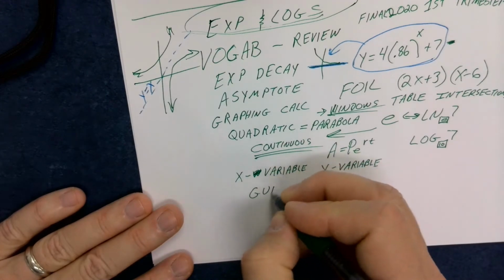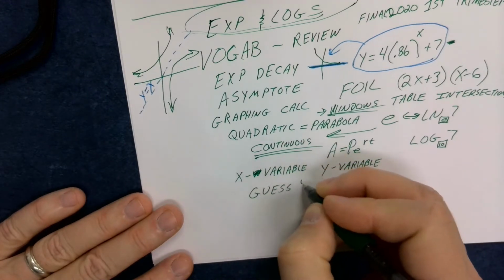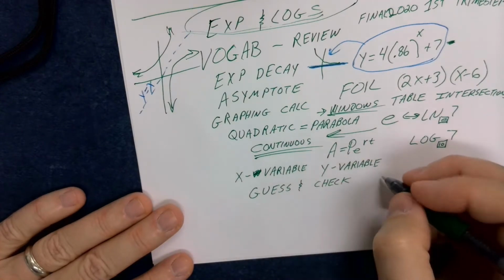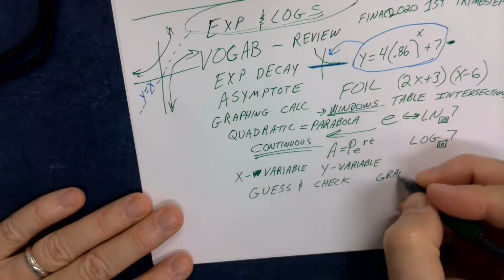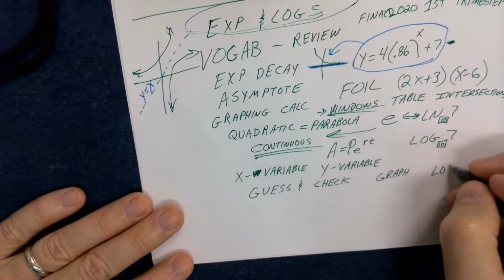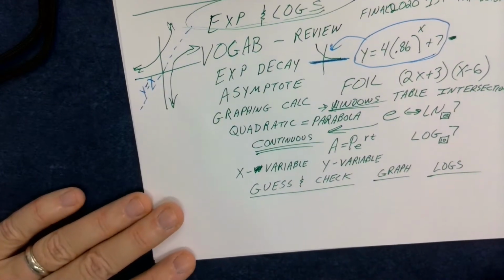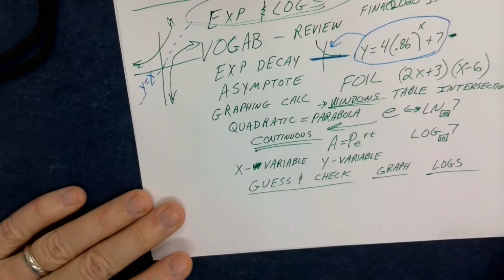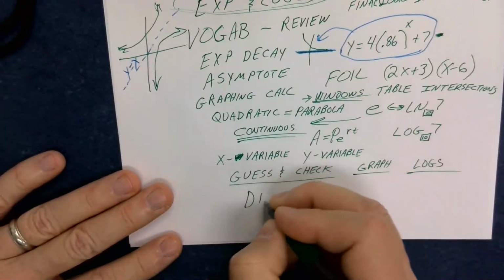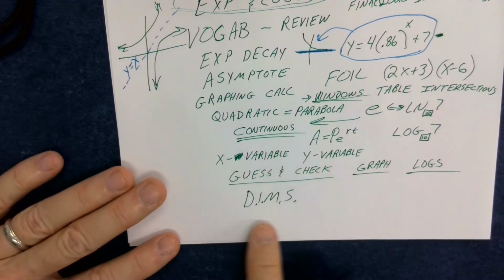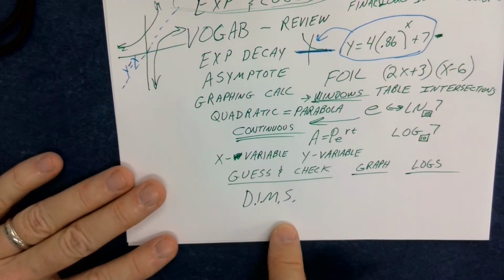Know that we can solve any of these by guess and check or graphing or logs, and you should be good at all three of those things. And you should know what this means, as I've pointed it out, I don't know, numerous times in this class.